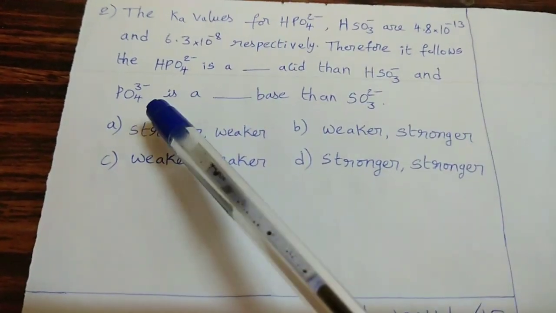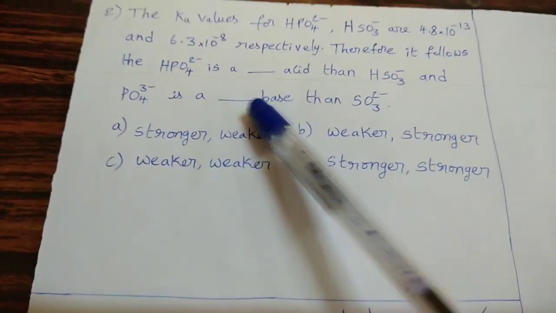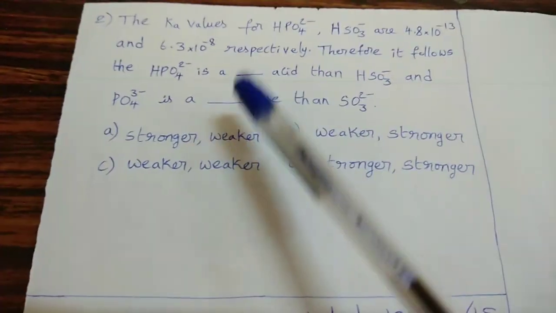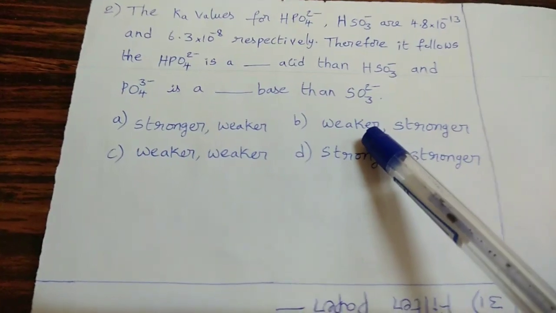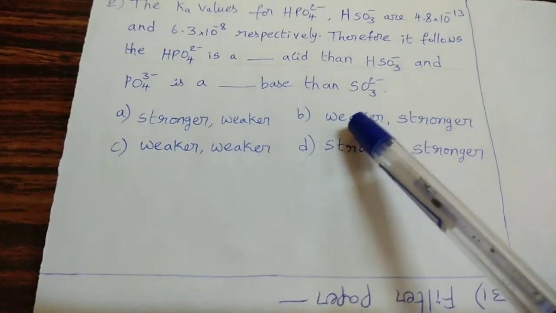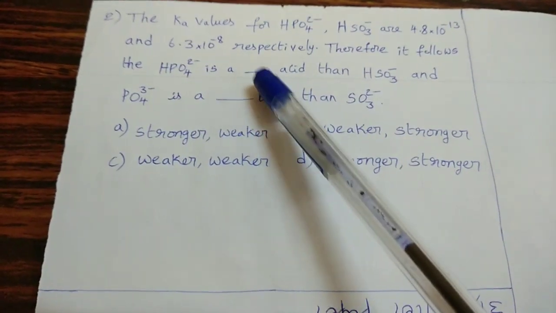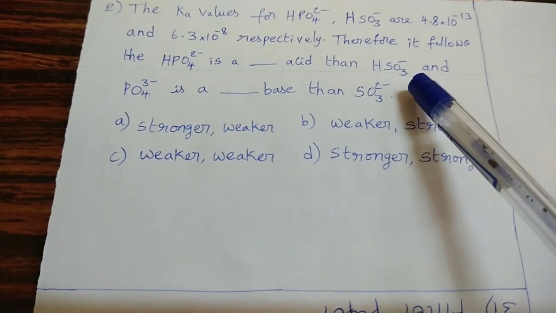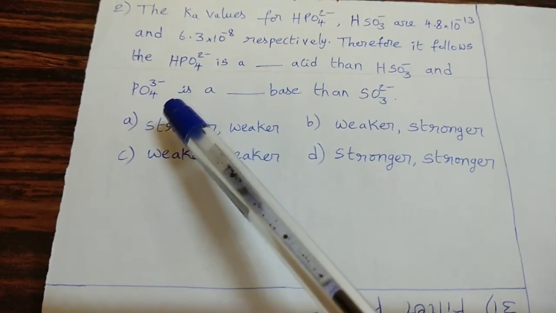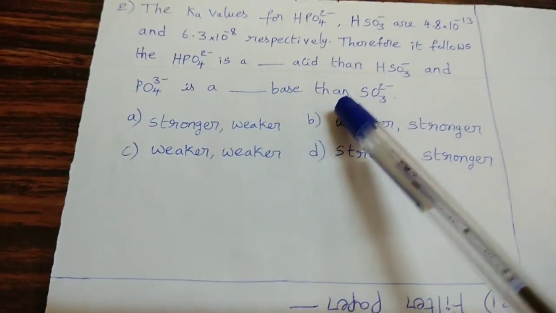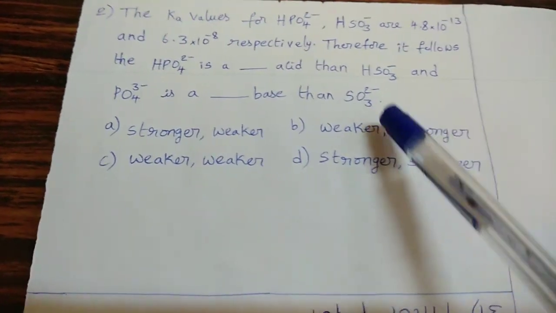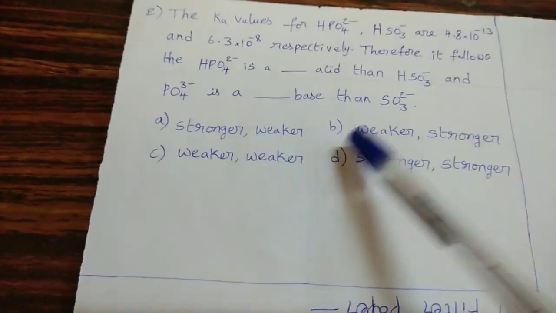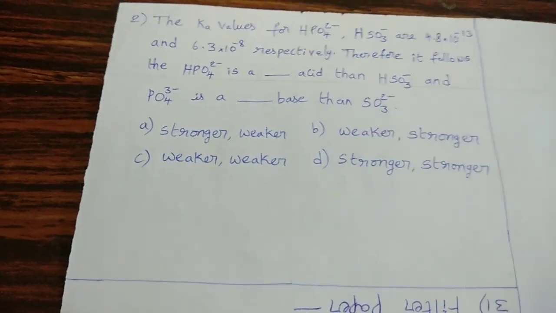Therefore, we can say PO4 3 minus is a stronger base than SO3 2 minus. So the suitable answer is option B. HPO4 2 minus is a weaker acid than HSO3 minus, and PO4 3 minus is a stronger base than SO3 2 minus. Students, I hope you understood clearly. So option B is the answer for this.